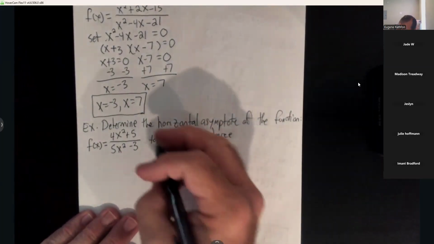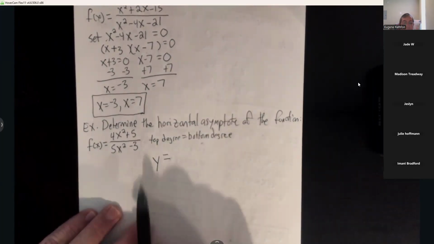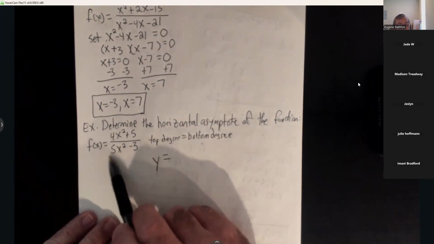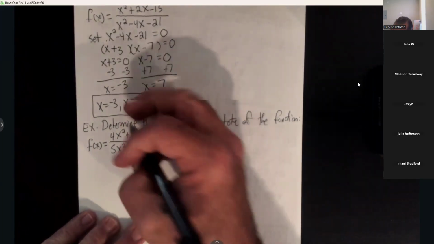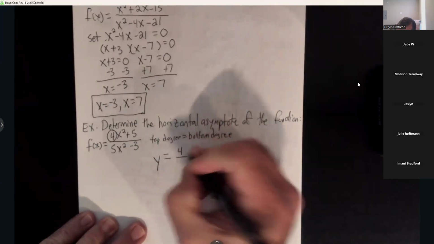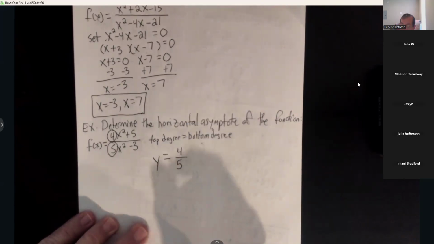So that means our answer is going to be y equals a over b. Well, a over b are the numbers in front of the variables. So a on top is 4, and then on bottom, b would be the 5.